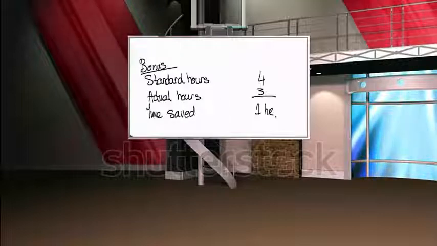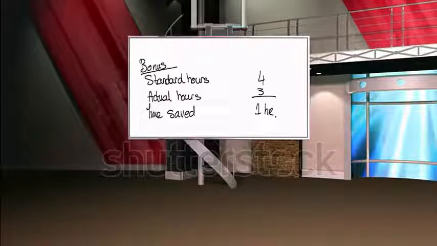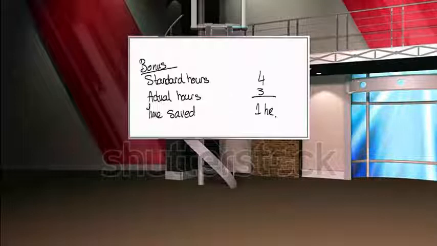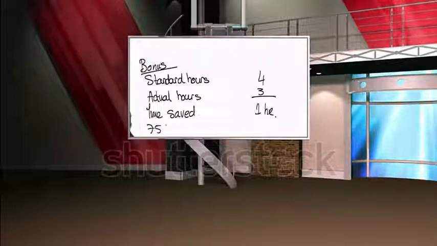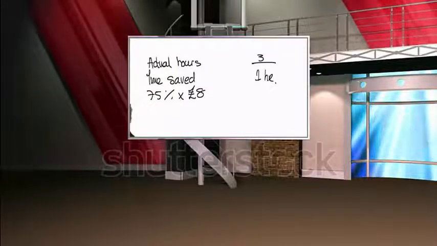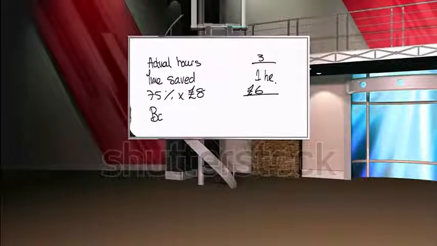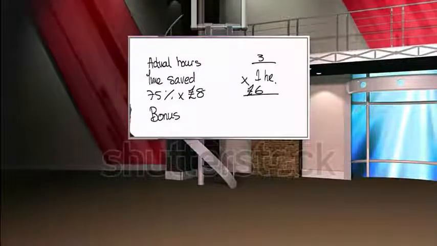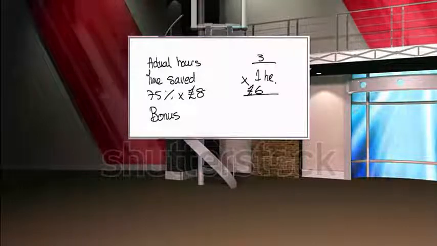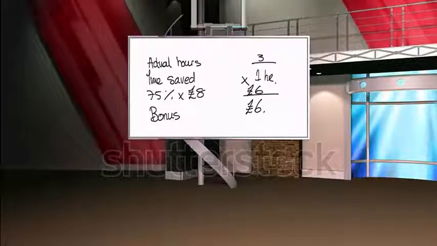Then we've been told in the question that for each hour saved, this person is going to get paid 75% of their basic rate. So they'll get paid 75% of £8, which is £6. So their bonus is the number of hours saved multiplied by the bonus for each of those hours. So their total bonus is £6.